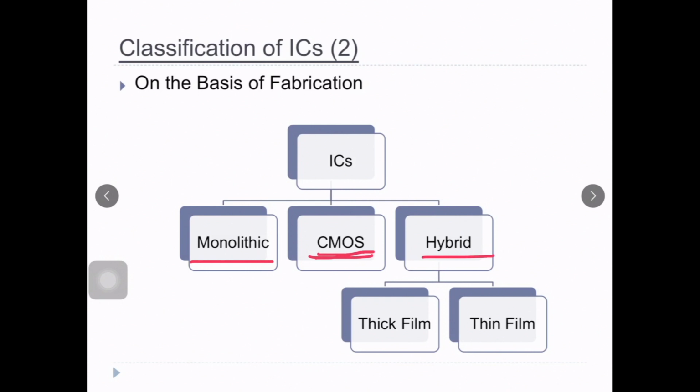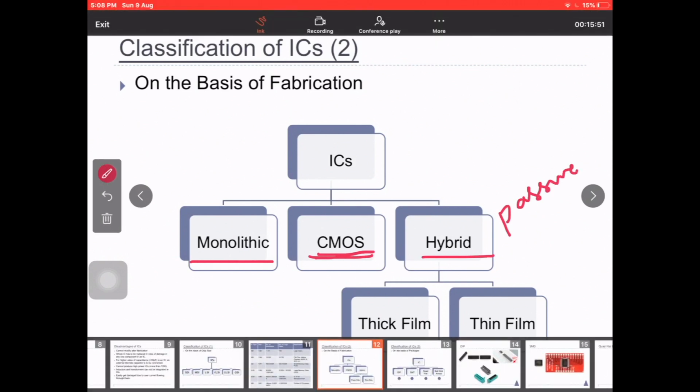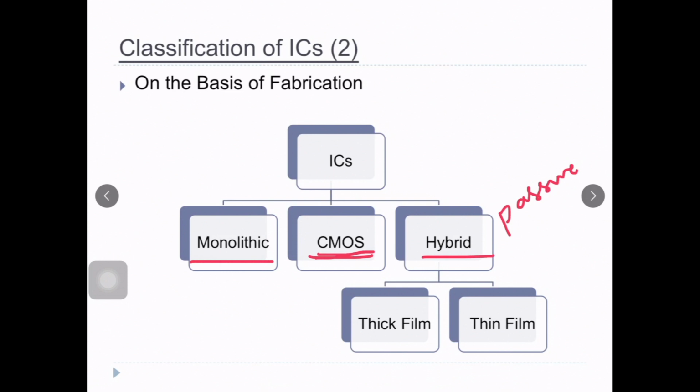In hybrid ICs, the passive components such as resistors and capacitors, and their interconnections, are formed using the monolithic technique, and the other active components such as transistors and diodes are then connected along with them to form a complete circuit.